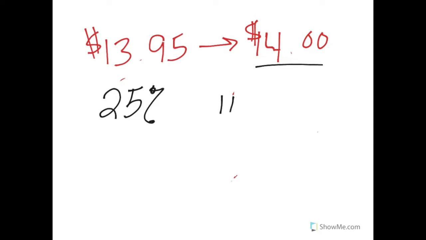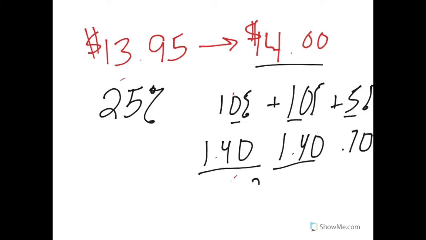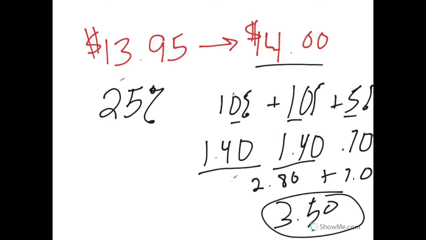I could look at that as 10% plus 10% plus 5%, right? 10, 10, and 5 is 25. If 10% is $1.40, 10% is $1.40, 5% again would be half of that, so 70 cents. So I do $1.40 plus $1.40. I know that's $2.80 plus the 70 cents. I'm going to end up with $3.50, which is a pretty nice sized tip.